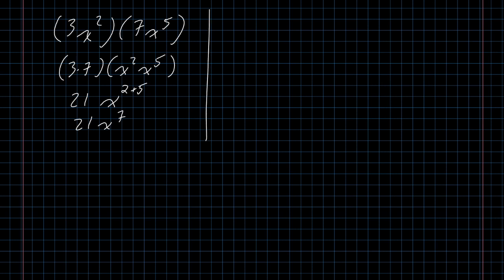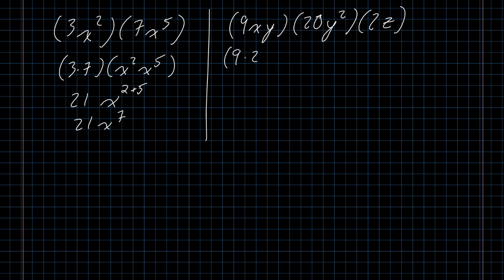This works just as well when you have 3 terms, when you have several variables, whatever you might have. How about 9xy times 20y squared times 2z? Well, we have all of our constants, 9 times 20 times 2.